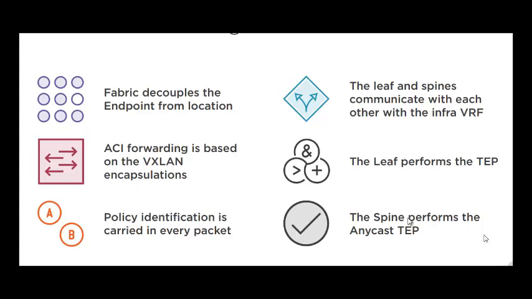ISIS is the routing protocol inside. And this uses the VRF called infra VRF. The communication between the leaf and spine happens using the infra VRF.